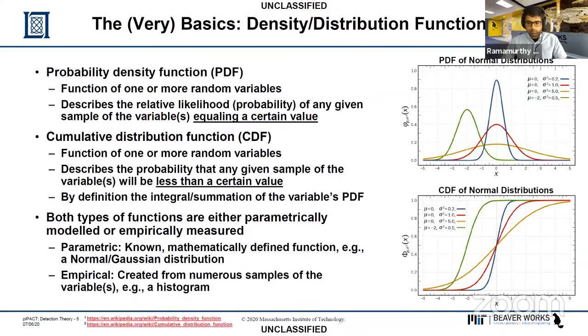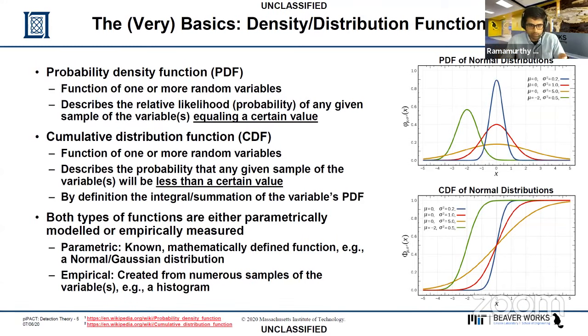Now to some more pure math: density and distribution functions. Some of you may have already seen some of these concepts in more advanced math classes. Basically, density and distribution functions are functions of random variables. Random variables are variables that take on values based on randomness.